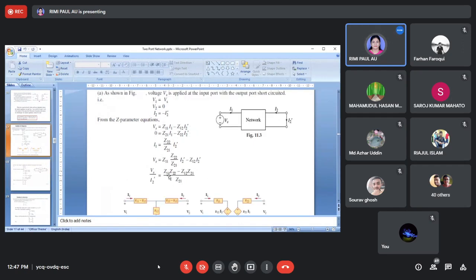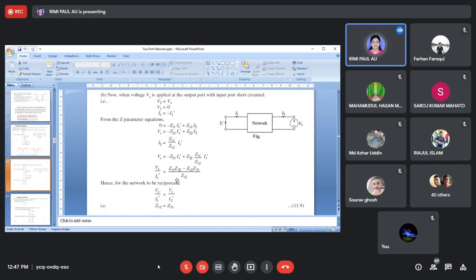But here the denominator is Z21 and here Z12. So for these two terms to be equal, we have to check that Z12 is equal to Z21.